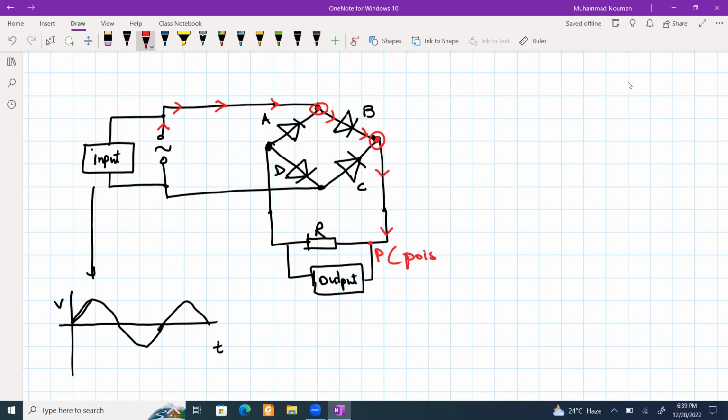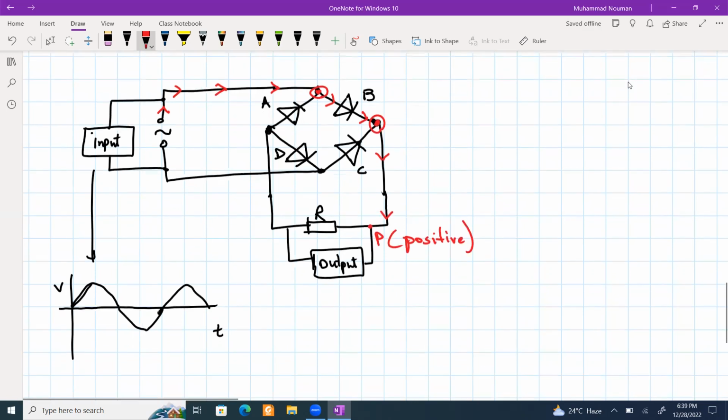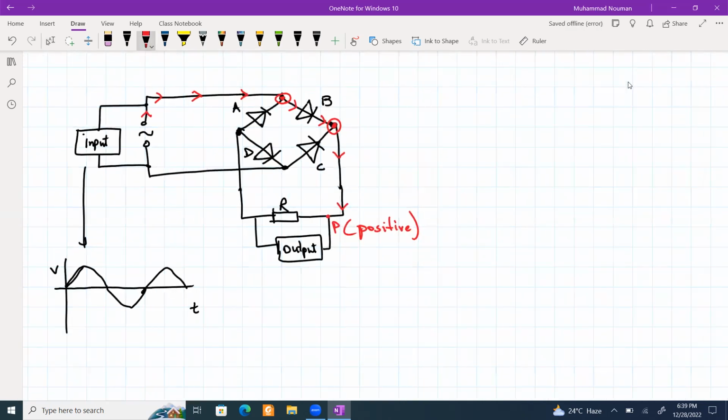So I just call it the positive point. This is the point at which a positive pulse reaches. Okay, so this is the point, and I'm going to draw the output graph here.